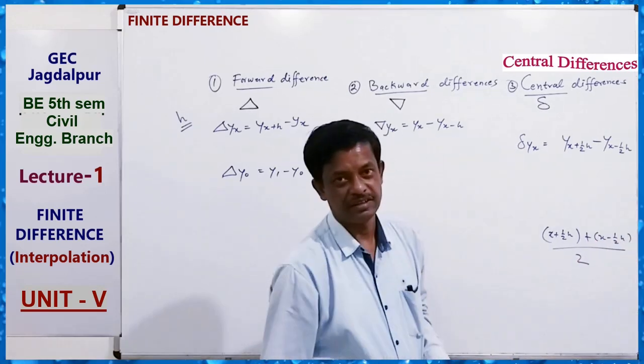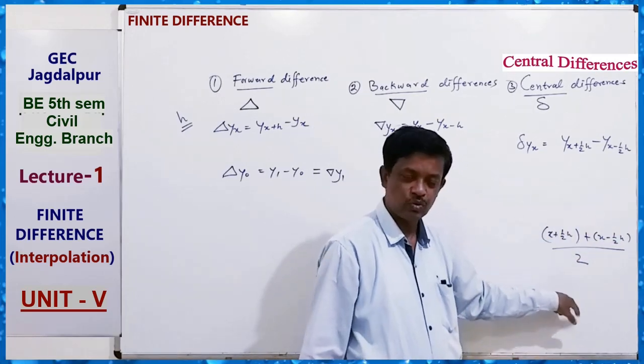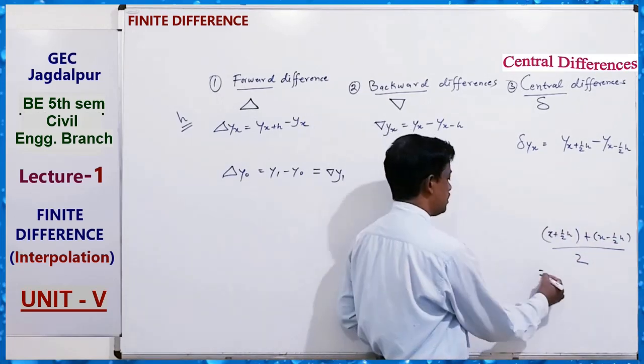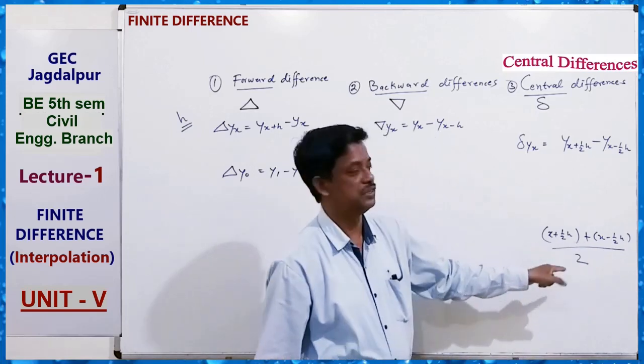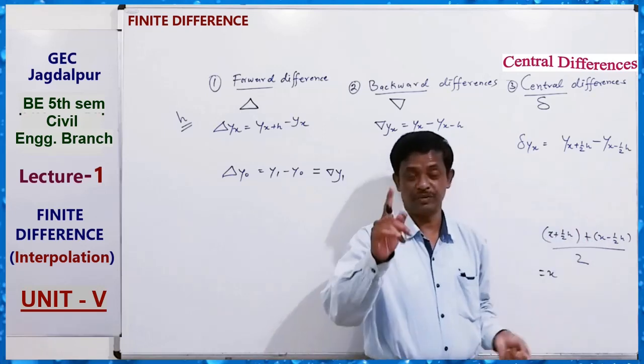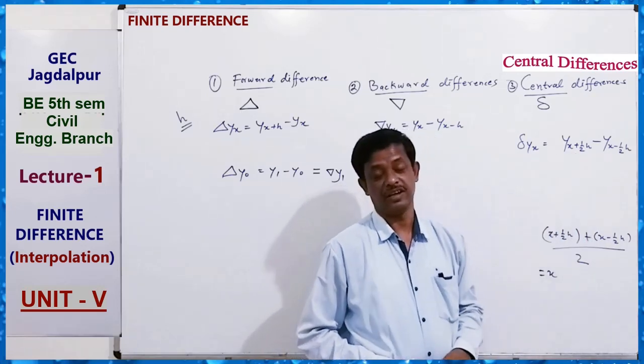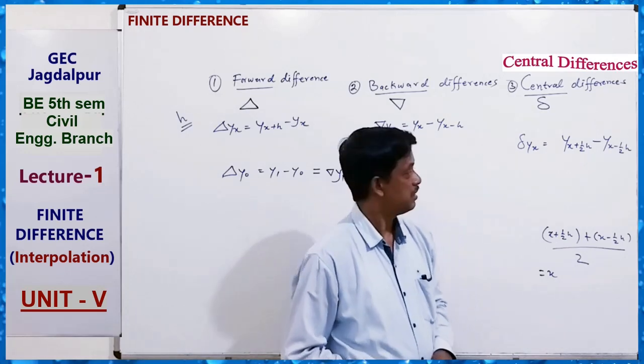Plus half h and minus half h cancel, 2x upon 2 is x. It is the average of these two arguments, where the first value is greater and the second value is lower.